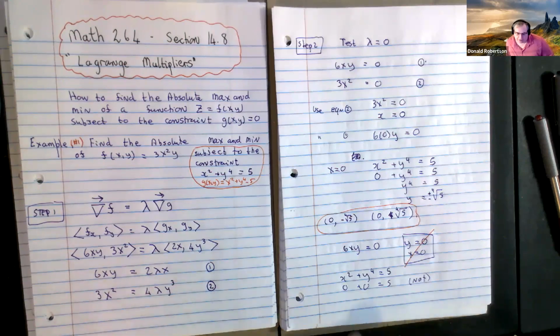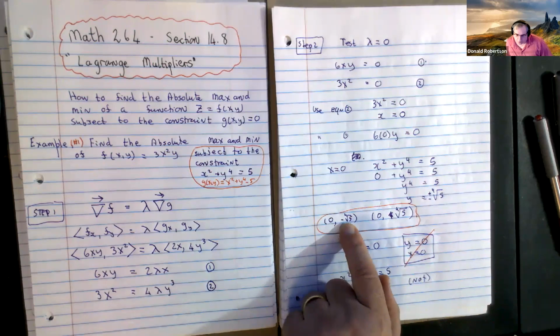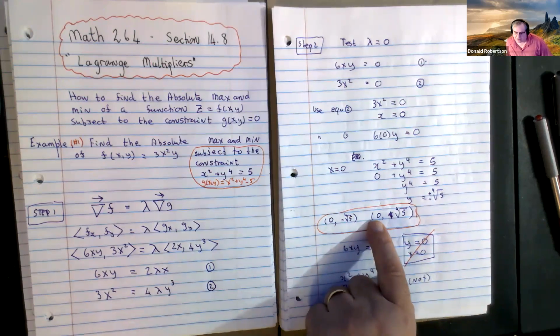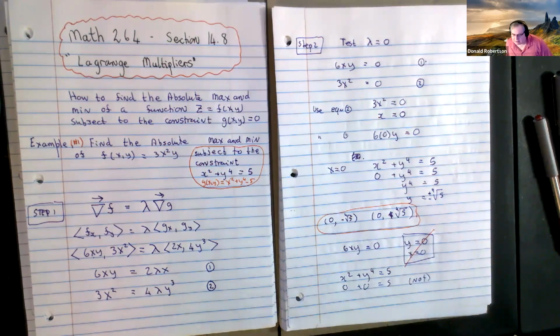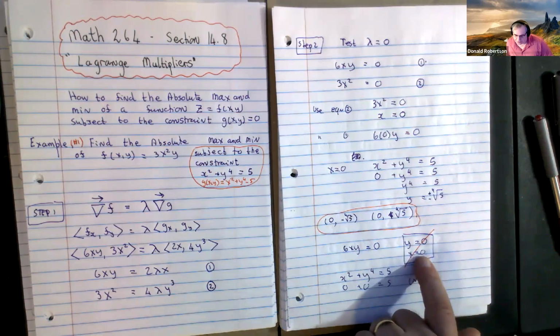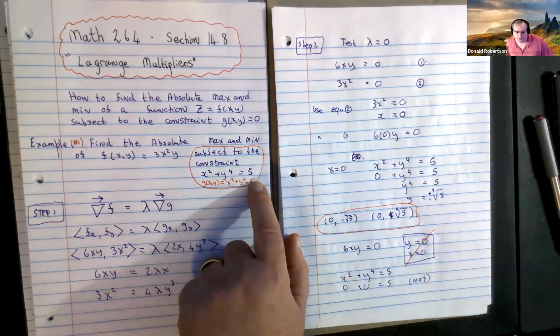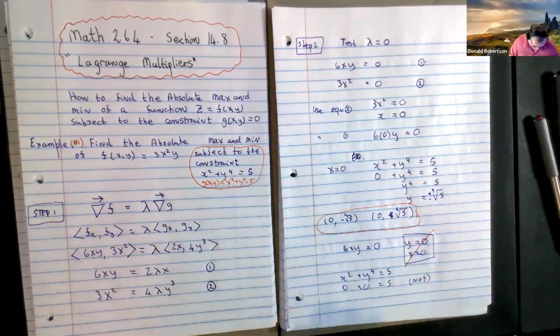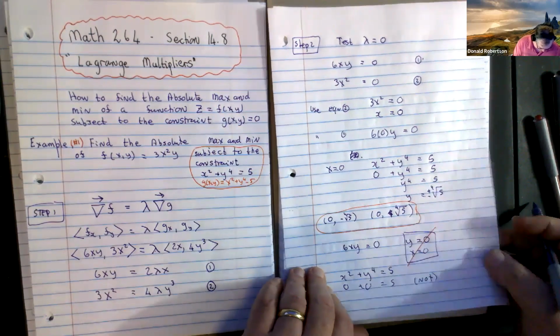What we got out of it was if x is 0 and y is this ugly guy, and x is 0 and y is that ugly guy, we can get places where the solution lives. On the other hand, if you had both of them 0, it fails under the constraint. This is not true. Well, that's step 2 done.